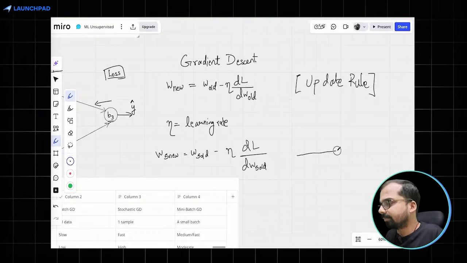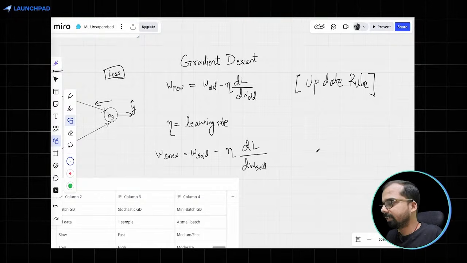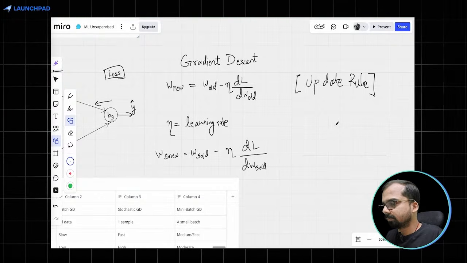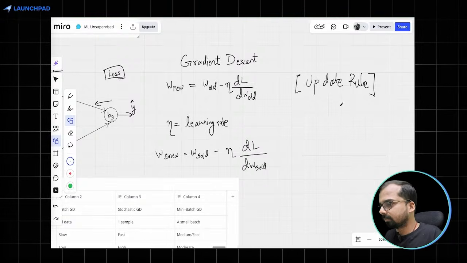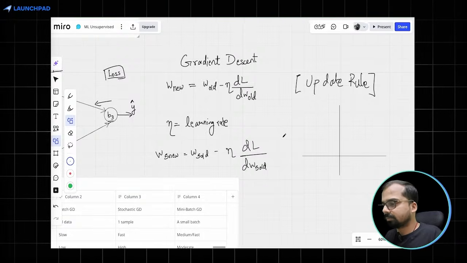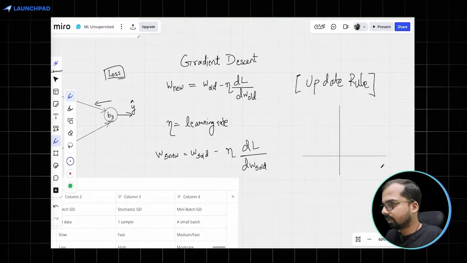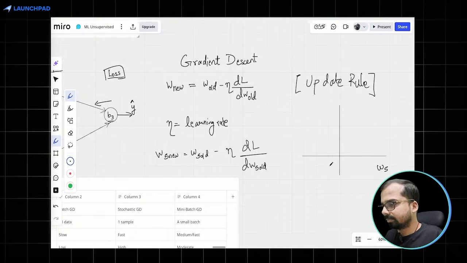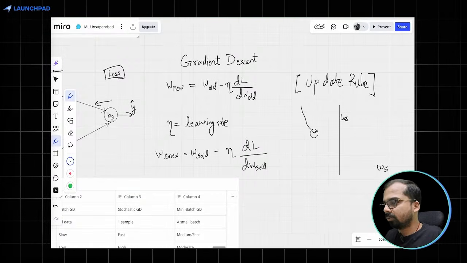So let's say I tried to plot, let me plot it like this. This is, let's say, the W5 axis, and here I am plotting my loss. All right, and my loss came out to be something like this.